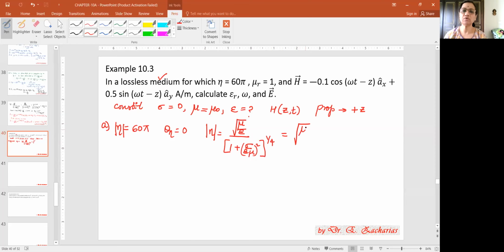But you know mu is equal to mu naught, and you don't know epsilon. You are supposed to find out epsilon r. So I can write epsilon as epsilon r into epsilon naught, or I can write it as 1 by under root of epsilon r into under root of mu naught by epsilon naught.